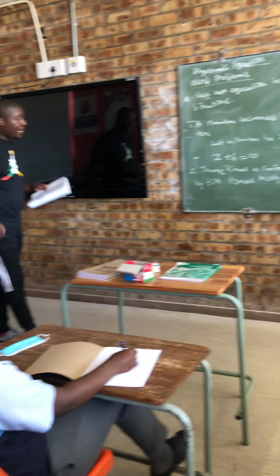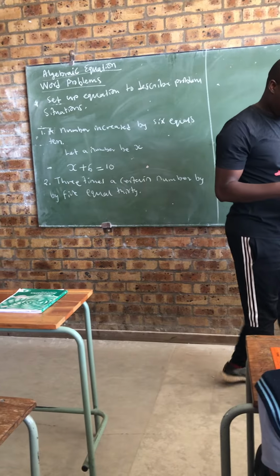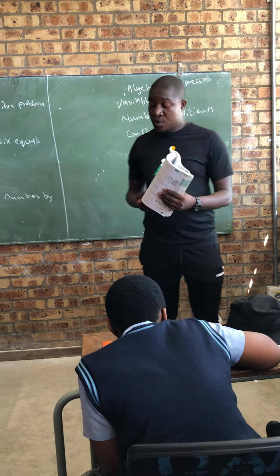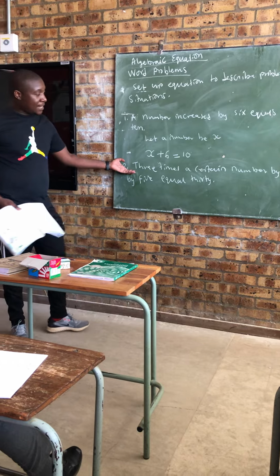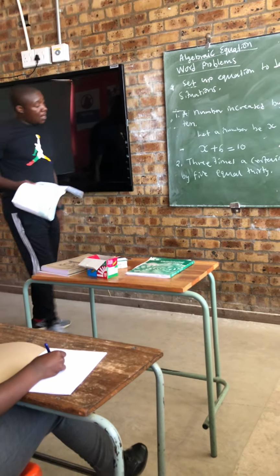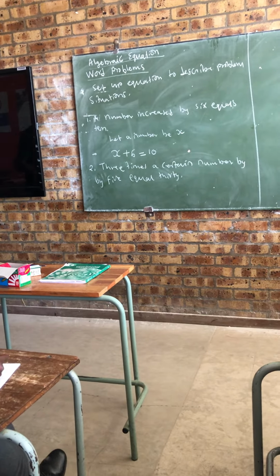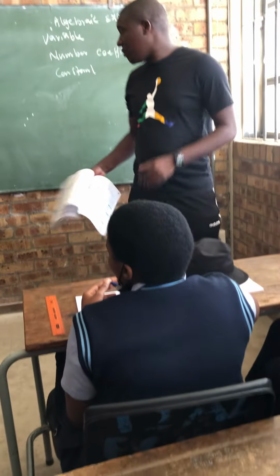A number, 3 times a certain number by 5, equals 8.